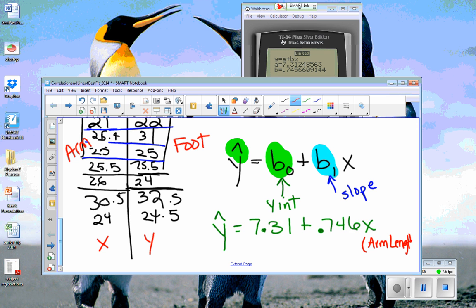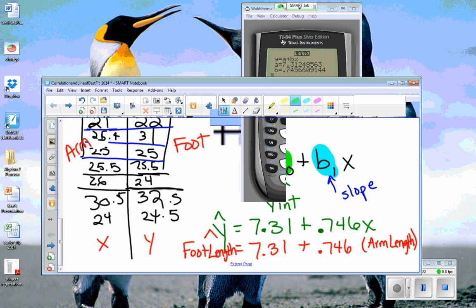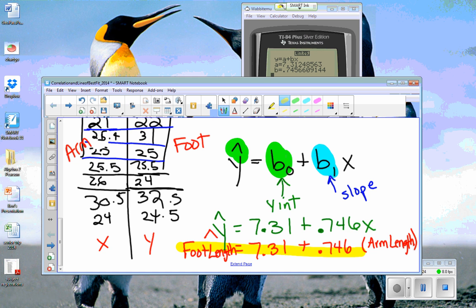And I'm going to put the numbers back in. And I'm going to replace the y with foot length. And what am I going to put over the words foot length? A little hat. So this is actually, in its entirety, what I would expect you to be able to write, notationally and contextually, when I ask you for the line of best fit.